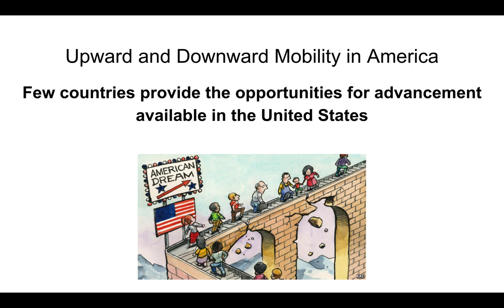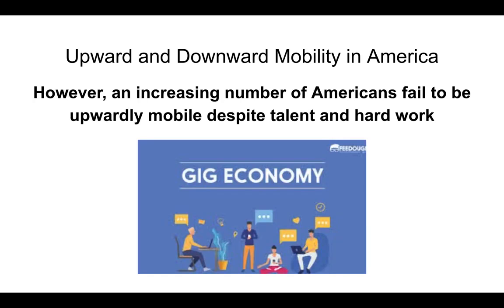Regarding upward and downward mobility in America, few countries provide the opportunities for advancement available in the United States. It is possible for most anyone to acquire wealth and achieve some status. However, an increasing number of Americans fail to be upwardly mobile despite talent and hard work.